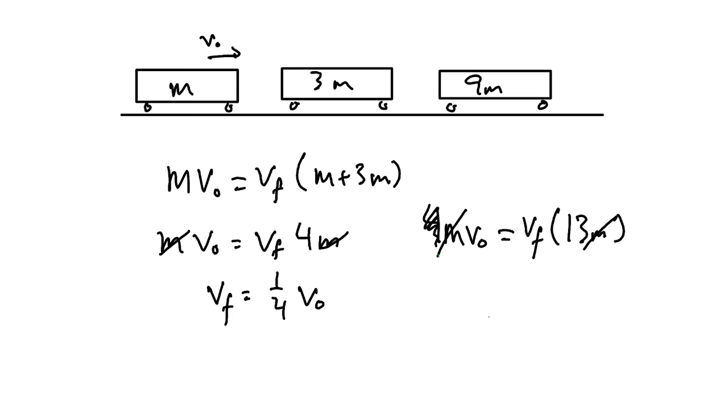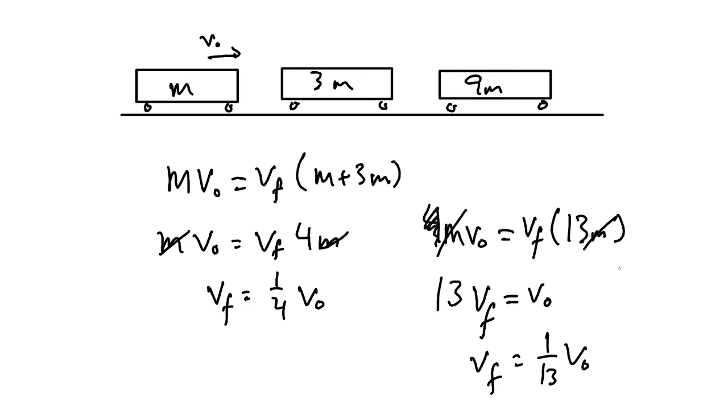These M's once again cross out, which means that when the inelastic collision occurs on cart C, 13 times our final velocity gives us our initial velocity, which means that our final velocity is going to be 1 over 13 times our initial velocity.